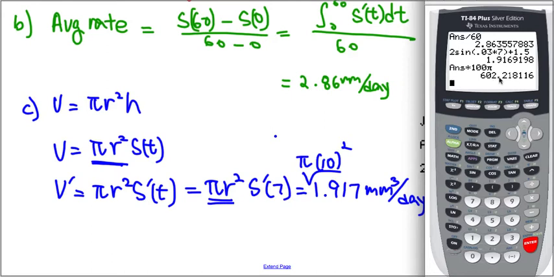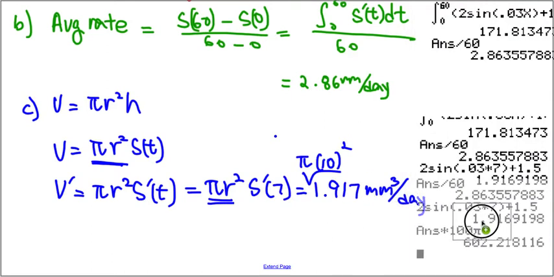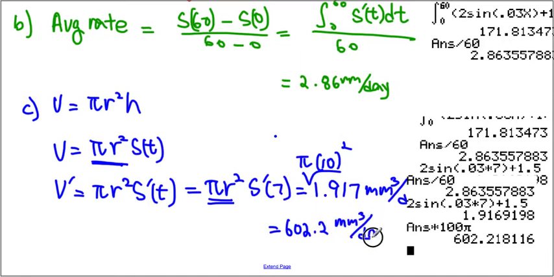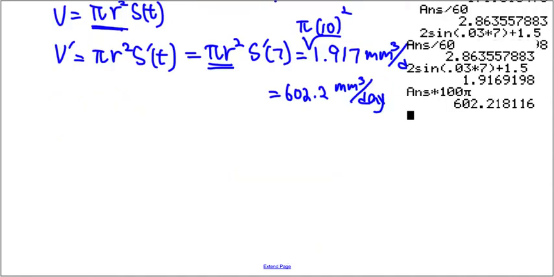Then 602. Then our final answer becomes 602.2 cubic meters per day. That becomes our answer. Let's look at part D.